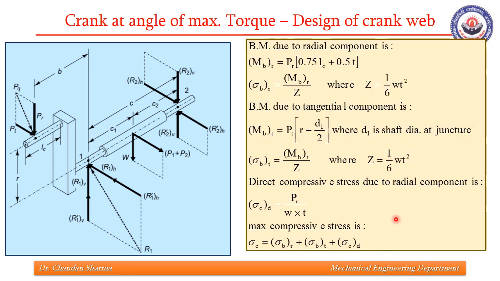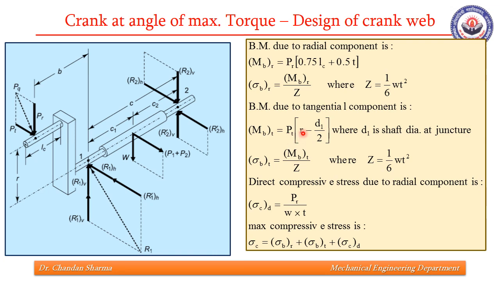What we'll do, we'll find bending moment due to radial component at the mid section of the crank web using this formula, and we'll find sigma BR since we know what is LC and what is T. Then we'll find bending moment due to tangential component from this formula.